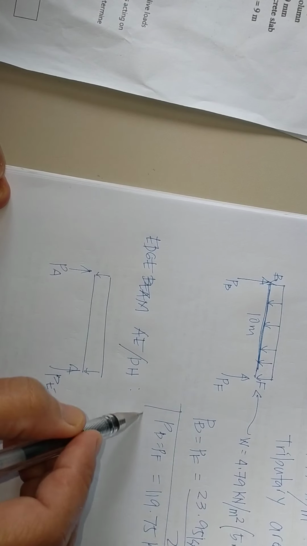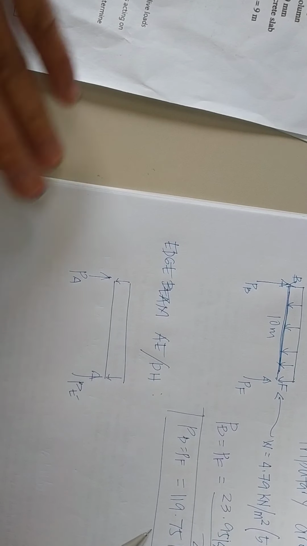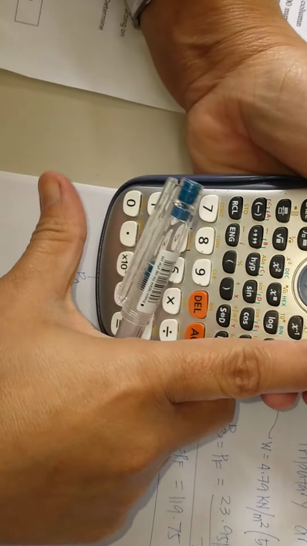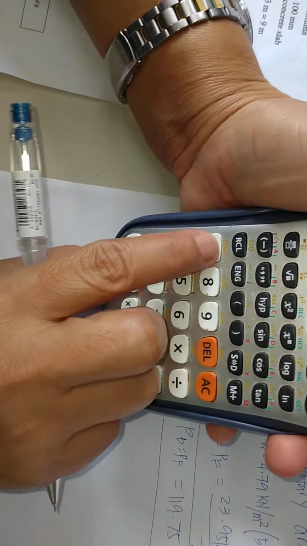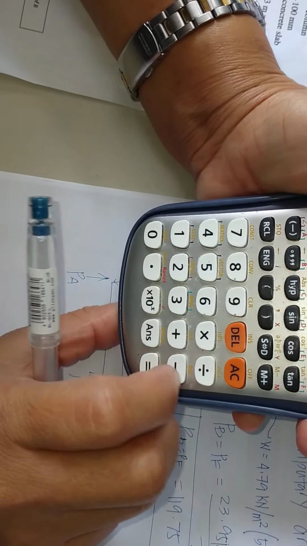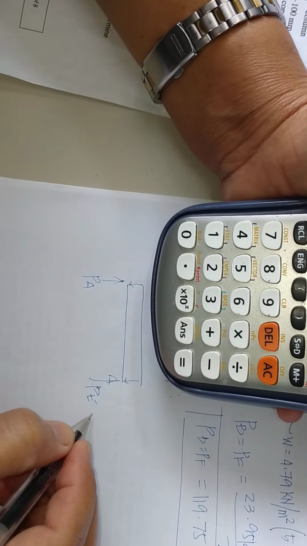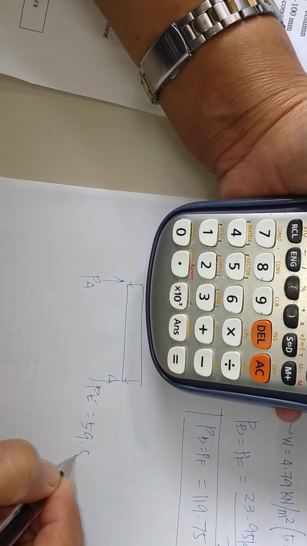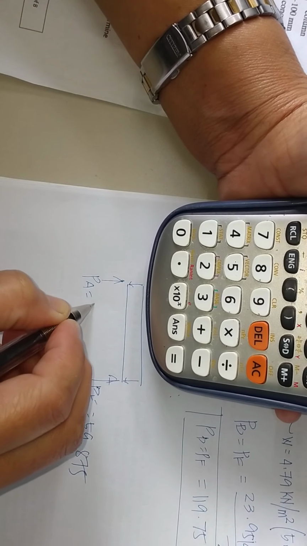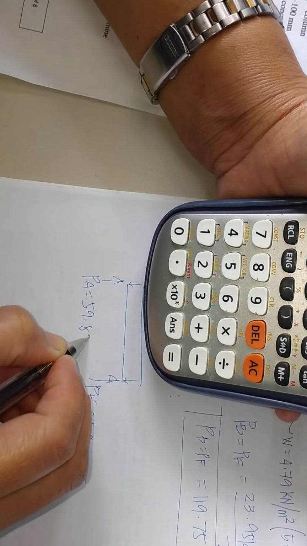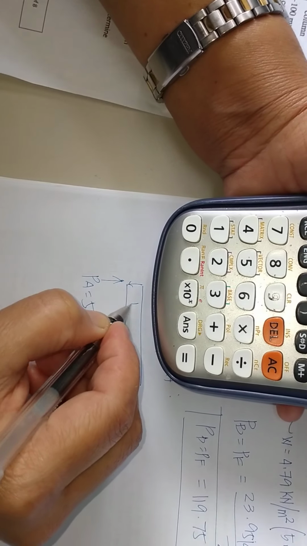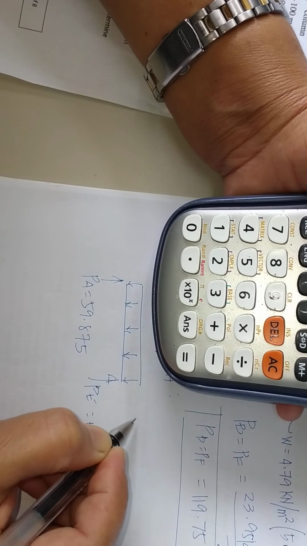The reaction will be half of 119.75. 119.75 over 2, that is 59.875. 59.875. But let us prove.